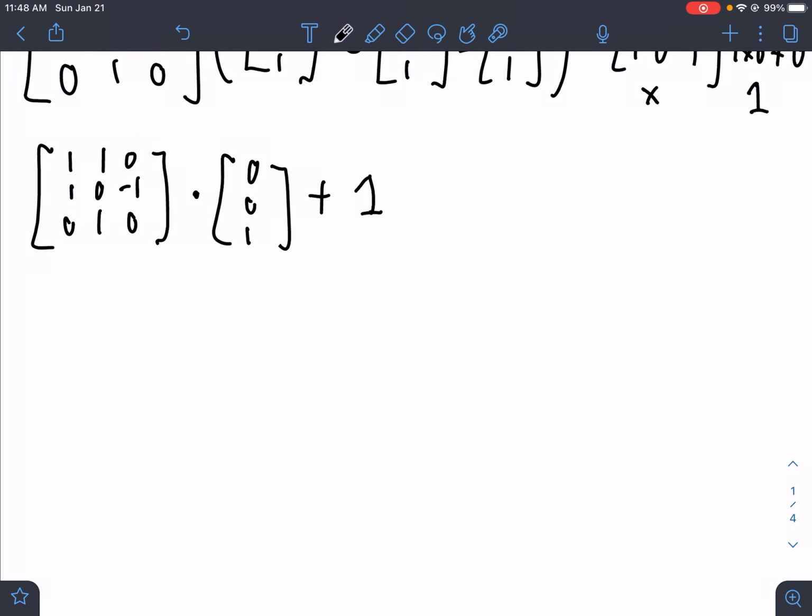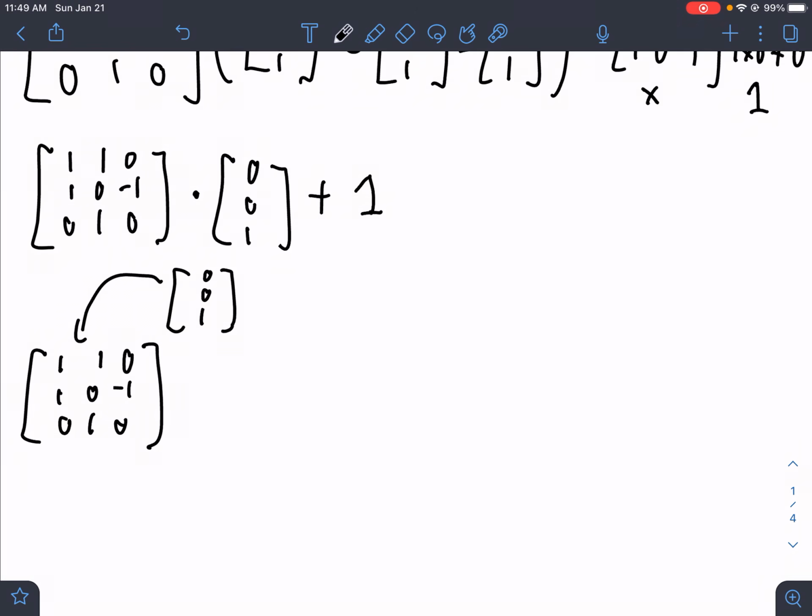So now we're going to do our dot product here. Let me give myself a little bit more space. 1, 1, 0, 1, 0, 1, 0, 1, 0. Let's do it like this. So then if I collapse these onto their side for every row, I can get 0.